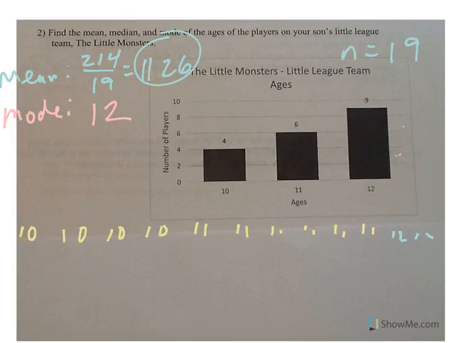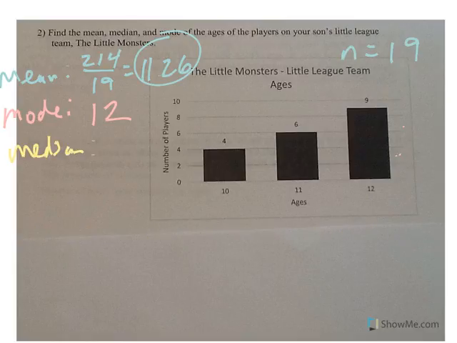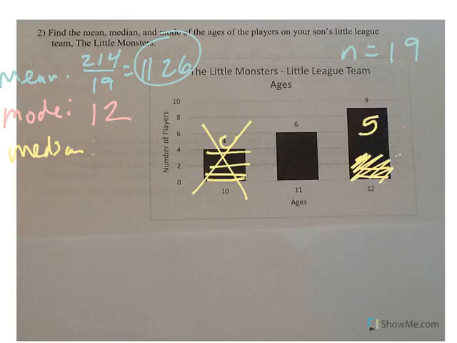Okay, so now let's go to the median. Now, when you think about this, we talked about the median taking off 1 from the small and 1 from the big, 1 from the small and 1 from the big. Well, if you take out 4 here, because there are 4 kids who are 10, and take out 4 here, we have 5 left in this bar and we have 6 left in this bar.